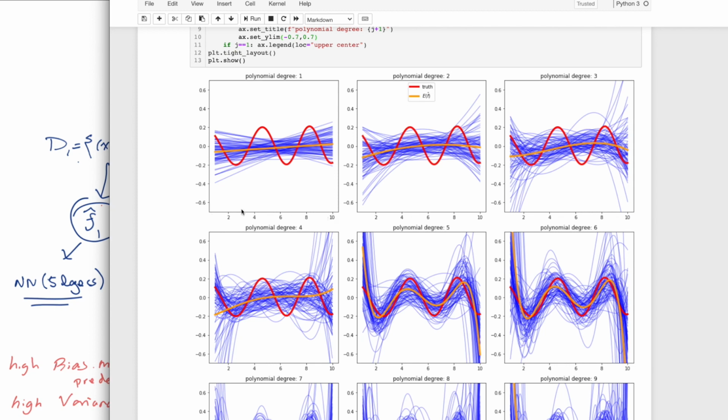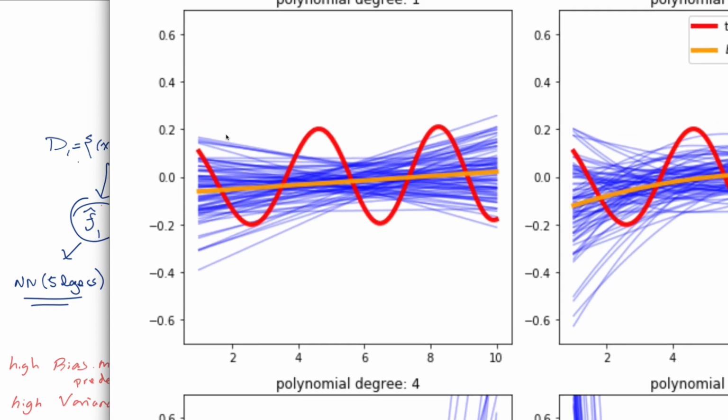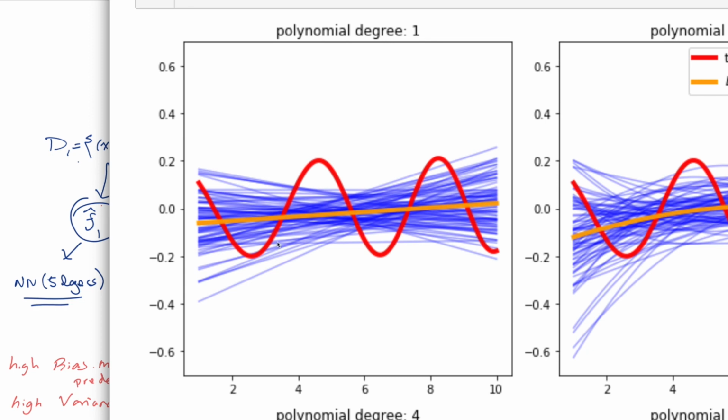So the blue lines are the fitted models for the 80 data sets. So in this example, every blue line is a linear regression with degree 1 feature set built on one of the 80 data sets. The red line is the truth. That's the true model that generated the data.